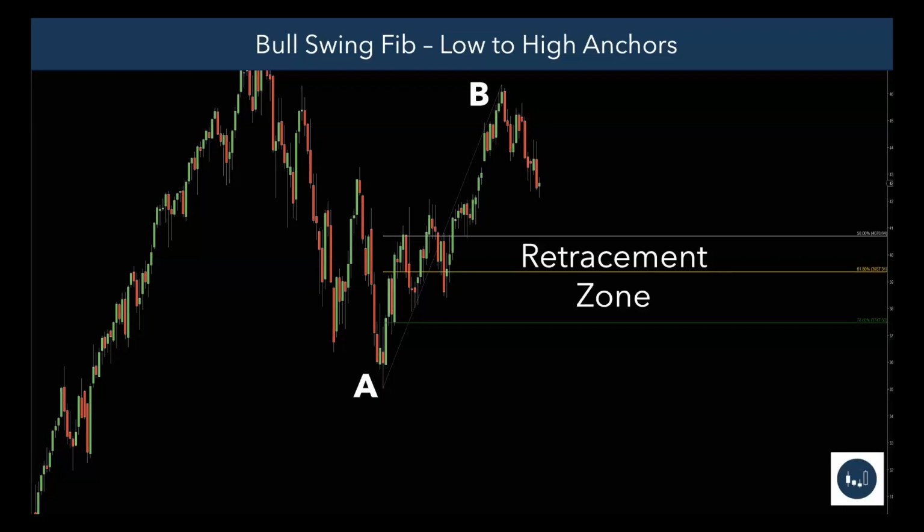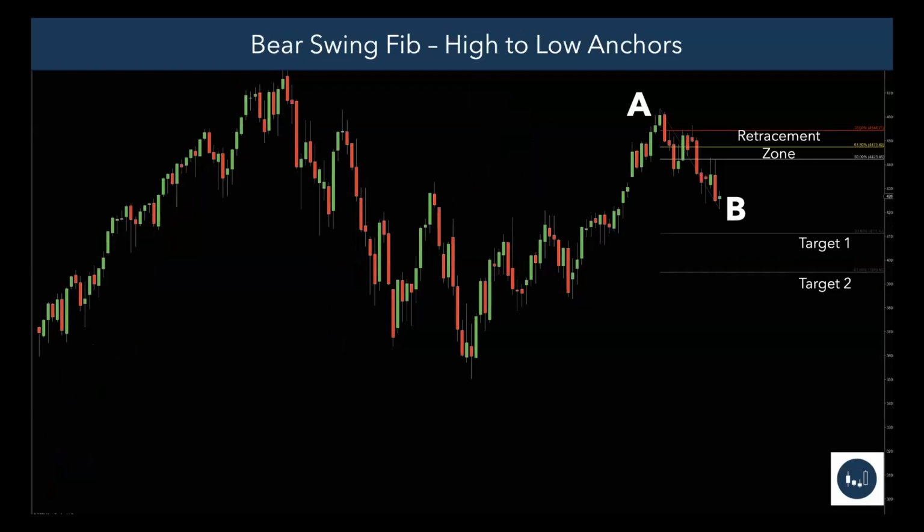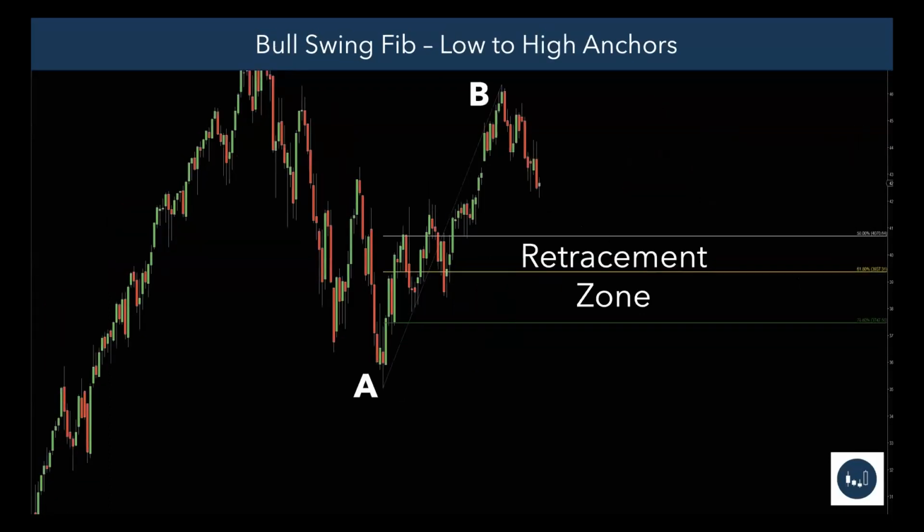So this is the most common, most people know the bull swing fib with a low to high. There's a bear counterpart to this as well, where the high point is A, the low point is B. We've got our targets there in the retracement zone. Now, me personally, when I do the color schemes, anytime I'm doing a bear swing, my last level of defense is going to be red, as opposed to this one.